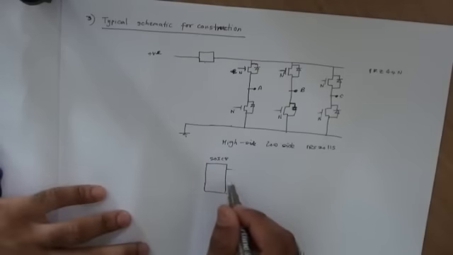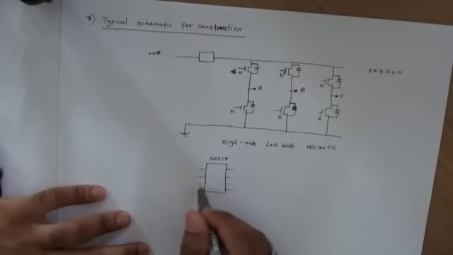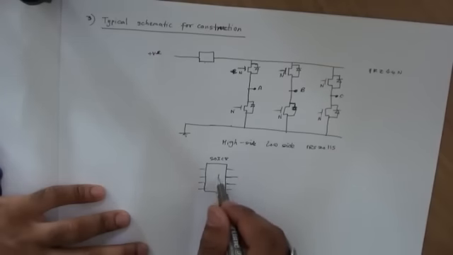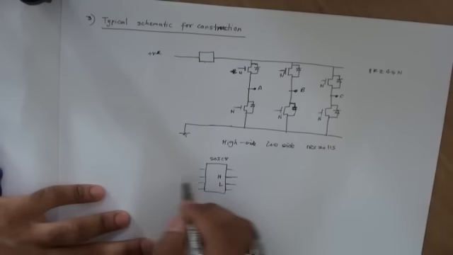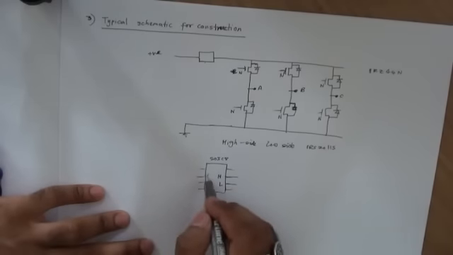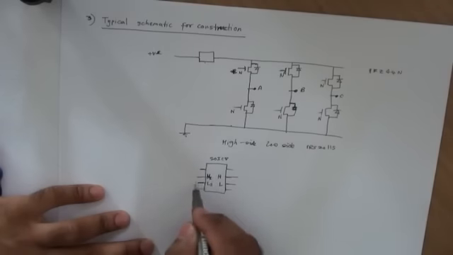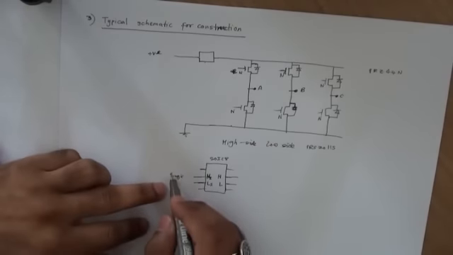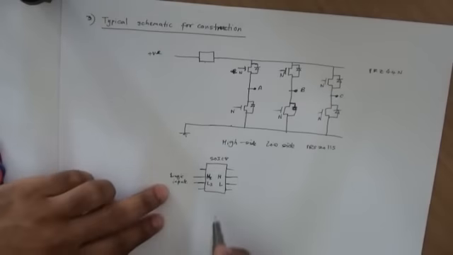You have 8 pins coming out of them, 2 of which are used for your high side output and the low side output, and then you have the high side in and a low side in, and these inputs are coming from your microcontroller, so they're the logic inputs, from micro.